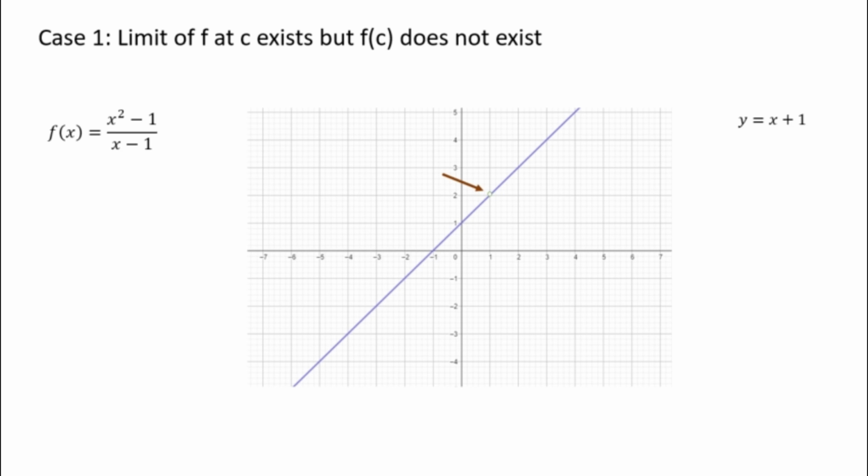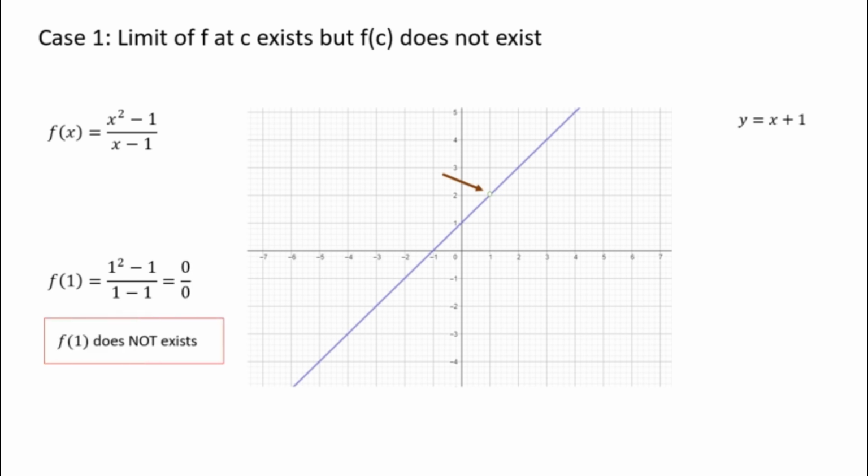Anyway, all of this simply means that f of 1 does not exist. How about the limit at x equals 1? Well, a visual inspection tells us that as x gets close to 1, the function gets close to 2.